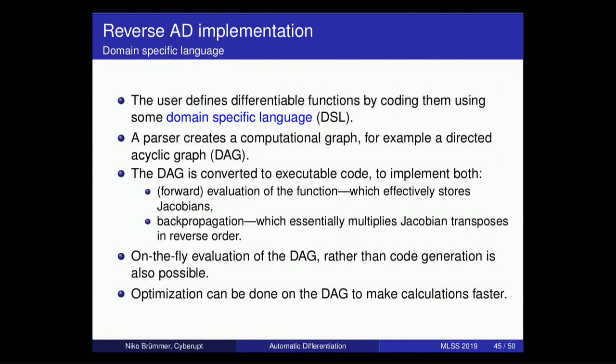The arrows point in the direction of the forward flow of the calculation. And then the DAG is converted to executable code, which will implement both the forward calculation of function value and the backpropagation.